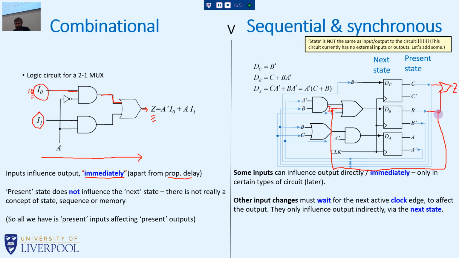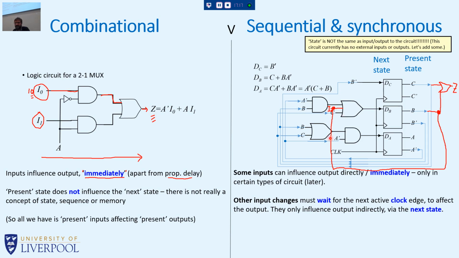Then suddenly we're cutting the flip-flops out of the loop. That register of flip-flops is being cut out of the loop so that I0 can now have an immediate effect. Not quite immediate, I'm using it in a slightly vague sense. It's going to take a couple of nanoseconds or whatever to travel down the wire, probably less than that. But here, it can have a semi-immediate effect on Z.